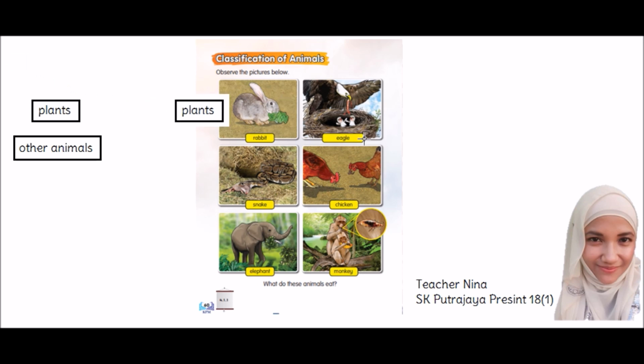What about these eagles? The baby eagles and also the adult eagle. What is the adult eagle feeding its young? I can see something with blood there. So most probably they are eating other animals.